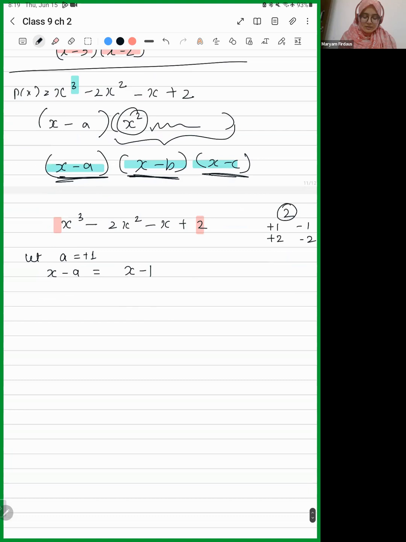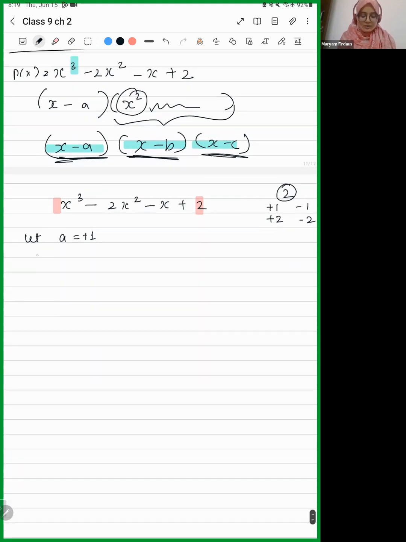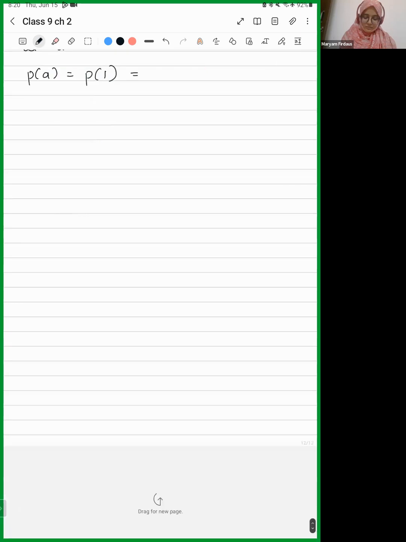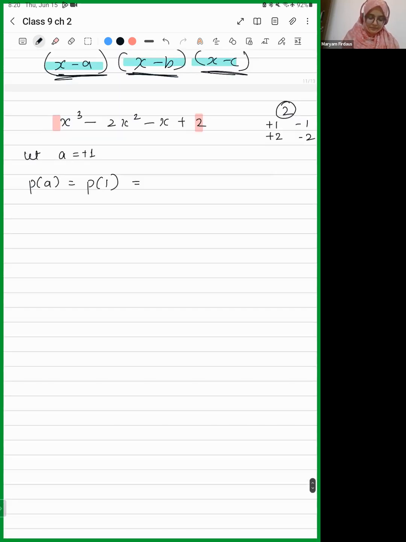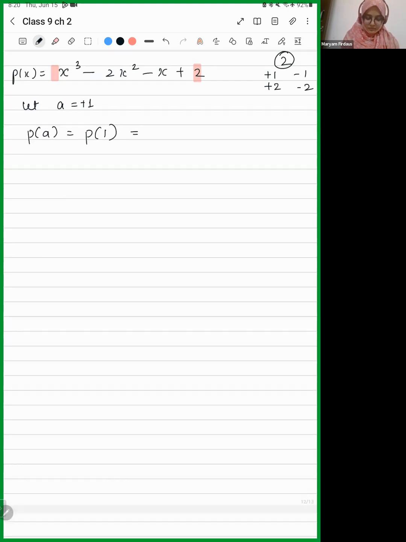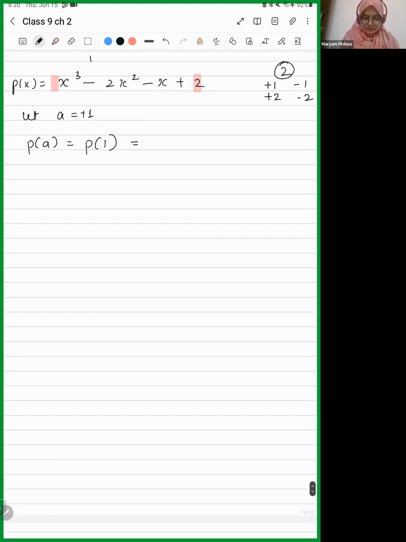Let a equal 1. Then P of a is what? Please put 1 in this polynomial and tell me what you're getting. You're getting 0. 1 minus 2 minus 1 plus 2.